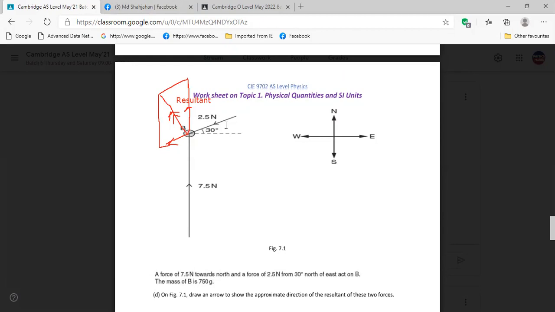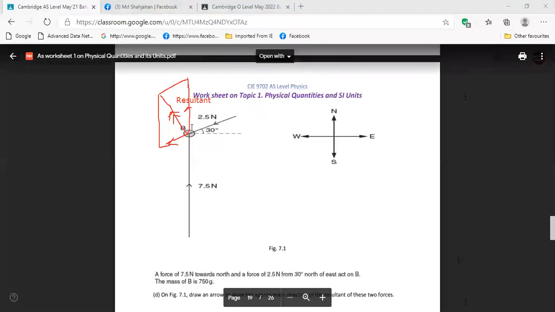90 plus how much? 90 plus 30, 120, isn't it? Like you know about this from geometry, you learned it.